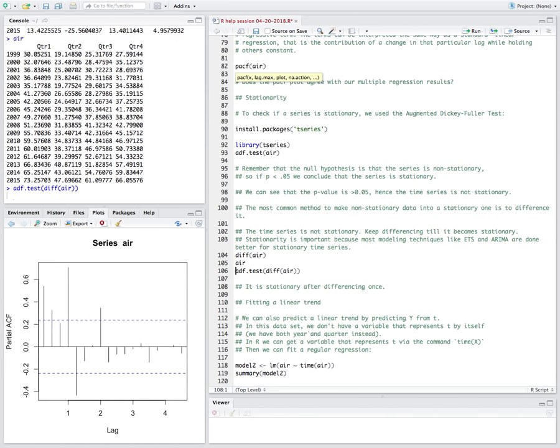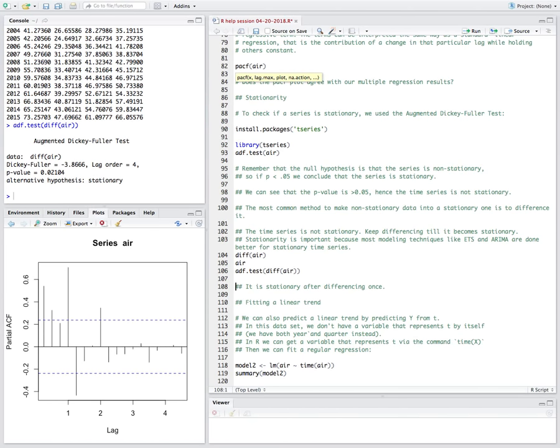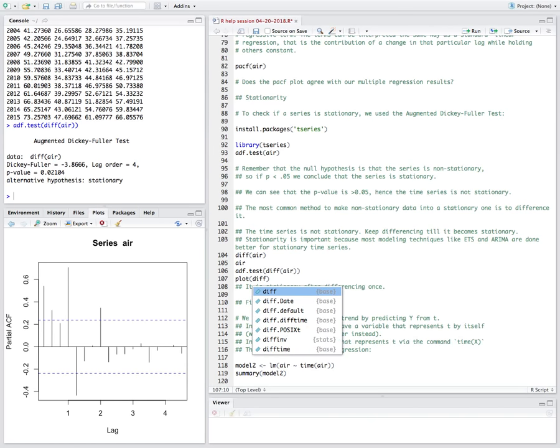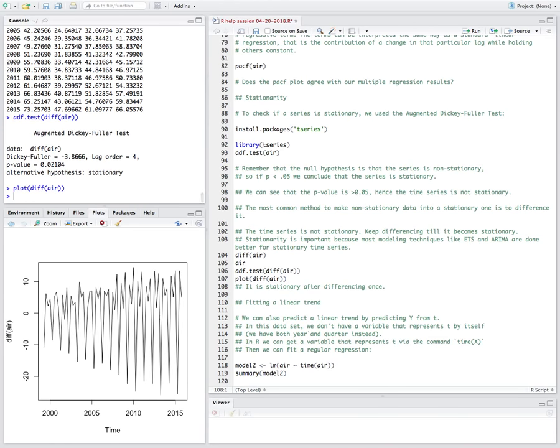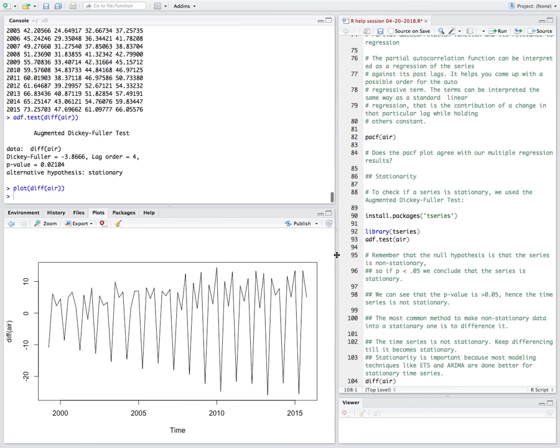You can see now that from the Augmented Dickey-Fuller test, the p-value has gone below 0.05. I can actually plot this for you and show you that diff of air is not going to have any trend. Do you observe any trend over here? Do you observe an upward or a lower trend? I know there are seasonalities, but you can see that the trend has been eliminated.